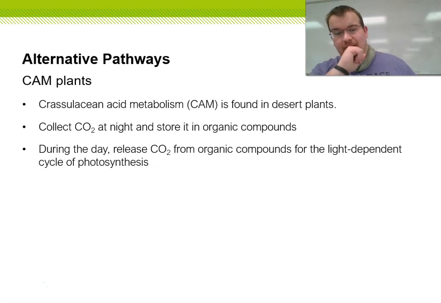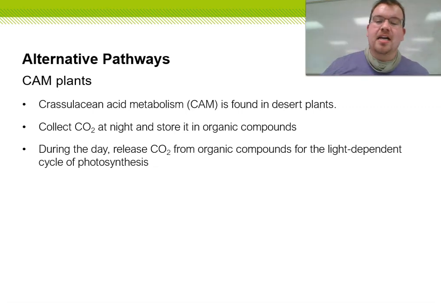CAM plants, for example, are found among desert plants. They collect carbon dioxide at night and store it in organic compounds, and during the day release the carbon dioxide from the organic compounds for the light-dependent cycle of photosynthesis.